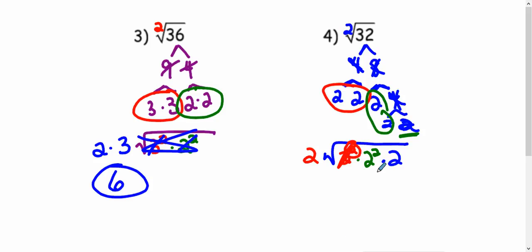I have another base of 2 that comes outside, and then this cancels. But this time, can I bring this 2 outside? No, it doesn't have an exponent of 2. So I have to leave it inside the radical. So this is going to stay the square root of 2. But then outside, what will I have?